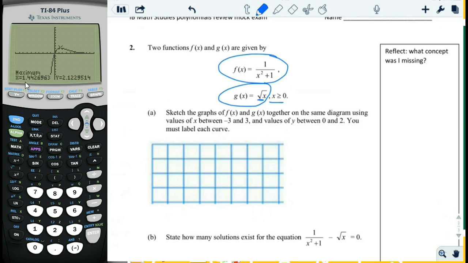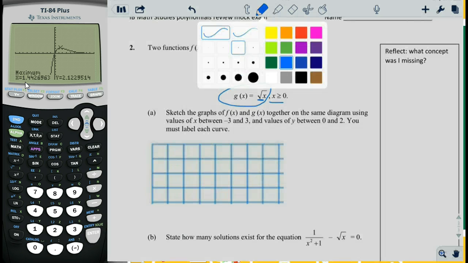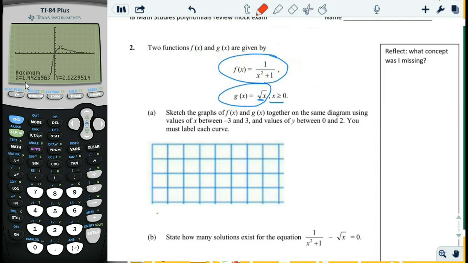So sketch the graphs of f of x and g of x together on the same diagram using the values of x between -3 and 3 and values of y between 0 and 2. So let's see, -3 to 3. If this is -3, that would be 0. And this would be positive 3. And then if this is 0, this would be 2.